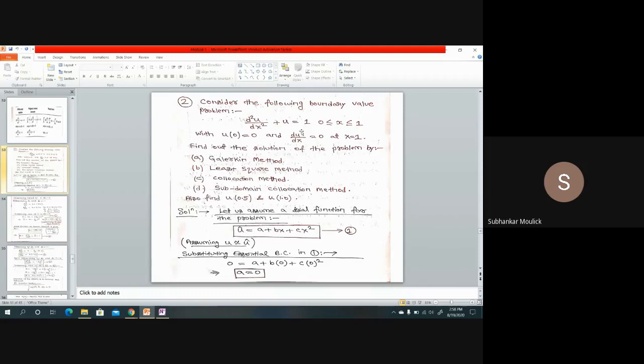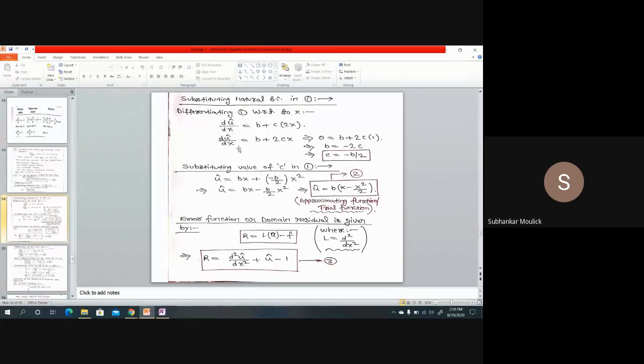Now we can use the natural boundary condition, that is du by dx is 0 at x equal to 1. So du cap over dx should be 0 at x equal to 1. That means 0 is equal to b plus 2 into c into 1, or c becomes minus b by 2.